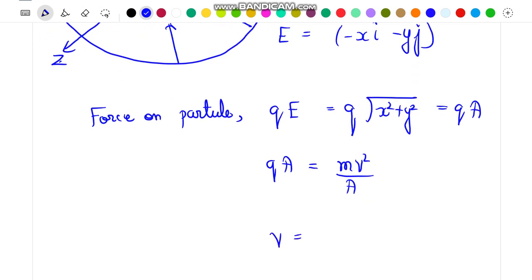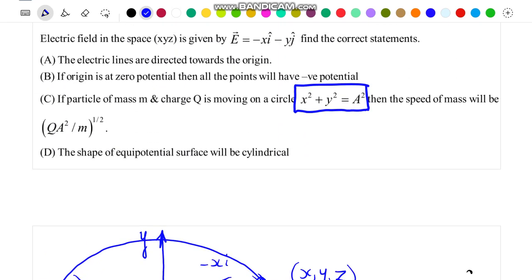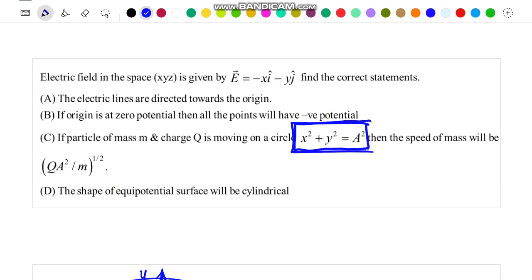So from here we can find the value of v for a particle undergoing circular motion on a circle of equation x square plus y square equals a square: the speed of the particle will be (q a square by m) to the power of 1 by 2.